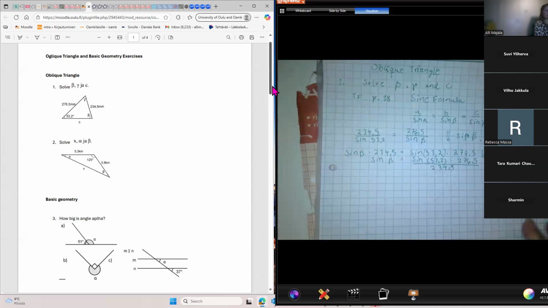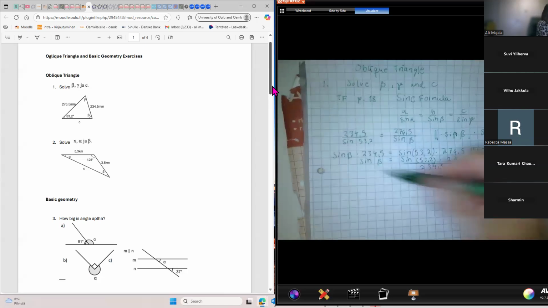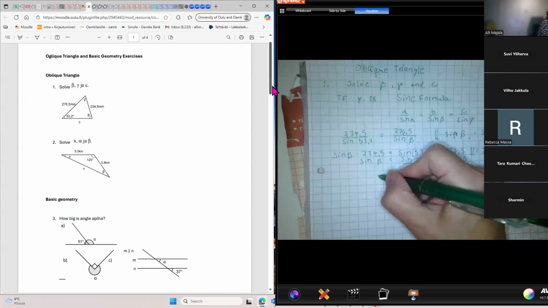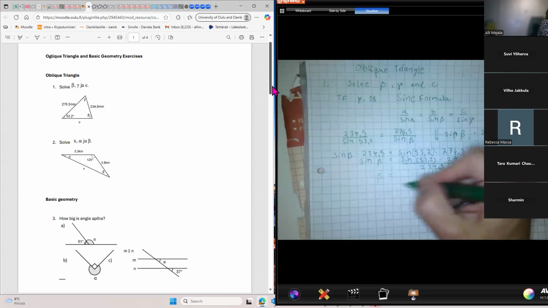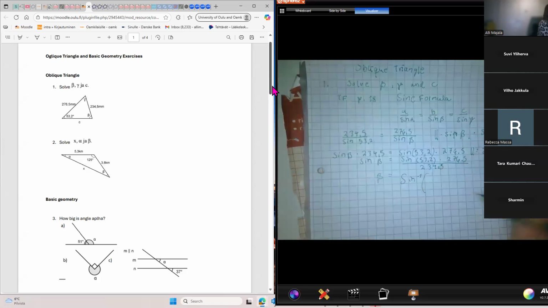And then when I need to solve the beta, I still have to take the sine -1. So I get the beta is the sine -1 and the whole thing there.